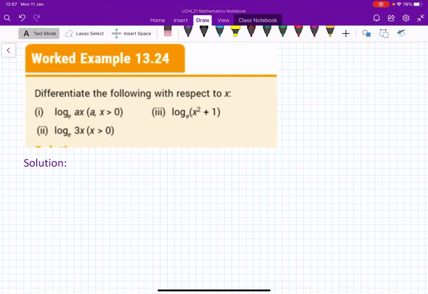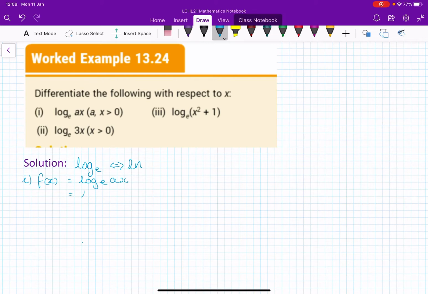Looking at the next questions, the first part we have to look at is log to the base e of ax. Remember that very clearly, we saw previously that log to the base e is the same as ln. So f of x is equal to log to the base e of ax.